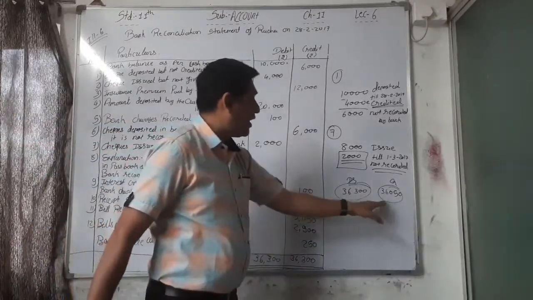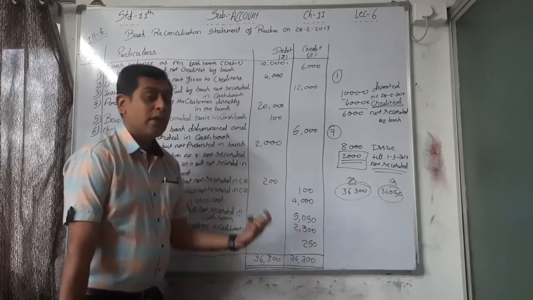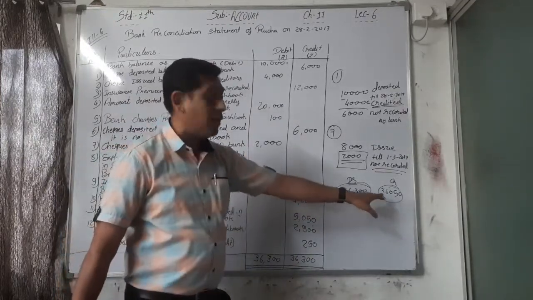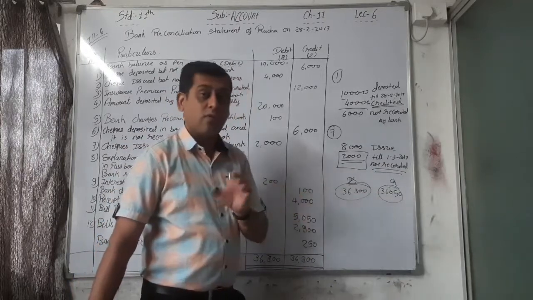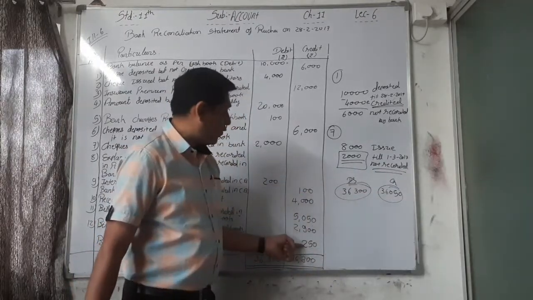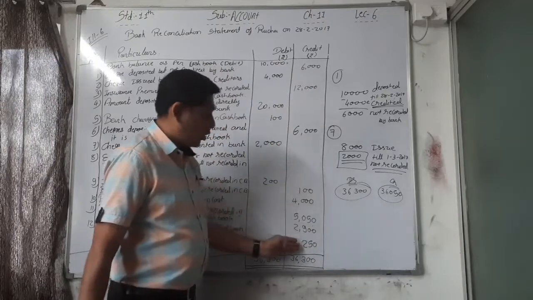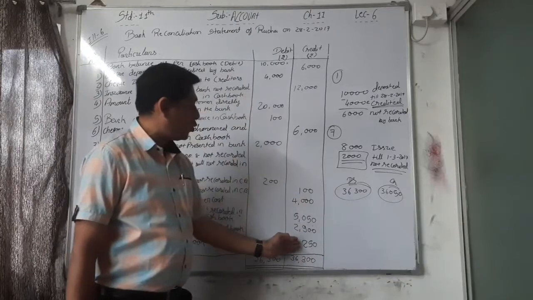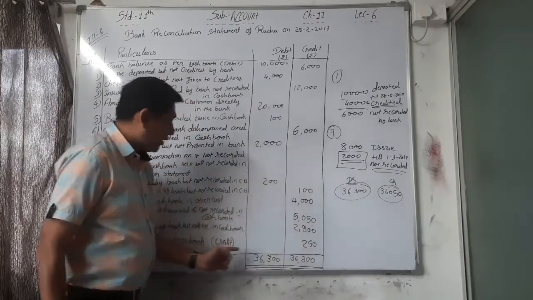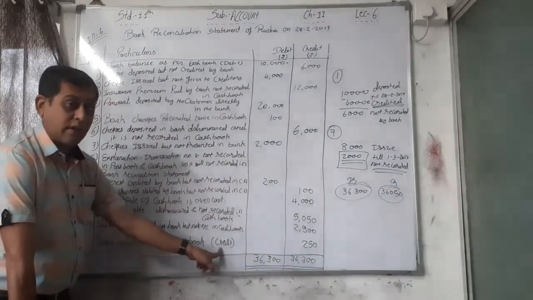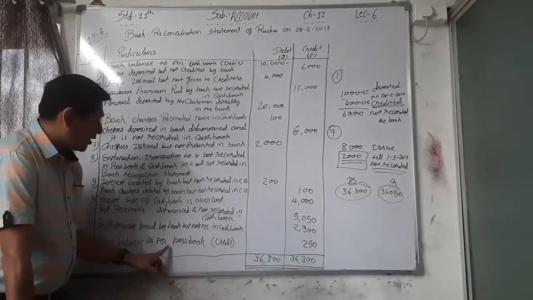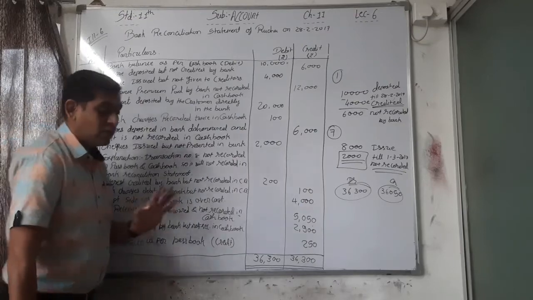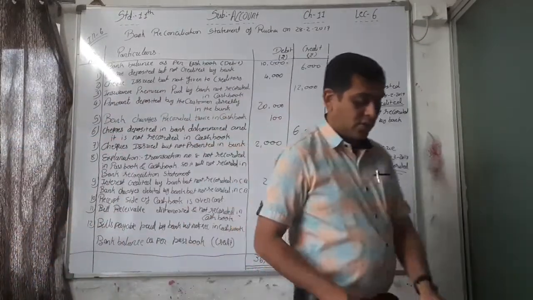Whatever side the total is higher, we have to write down on both the sides. Now find out the difference, that is 36,300 minus 36,050, and the difference is 250. Record on the credit side, lower total side. Low total is on credit side. That's why I write down 250 on the credit side, and that's why here we record credit and credit balance as per passbook, that is bank balance. So here write down like this. Okay. So here your sixth sum is over.